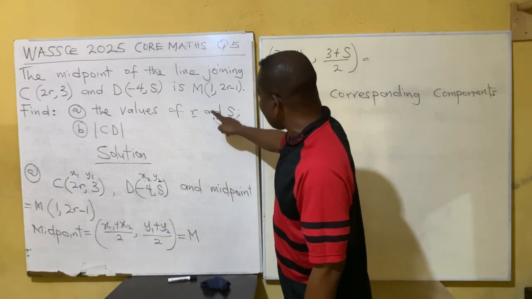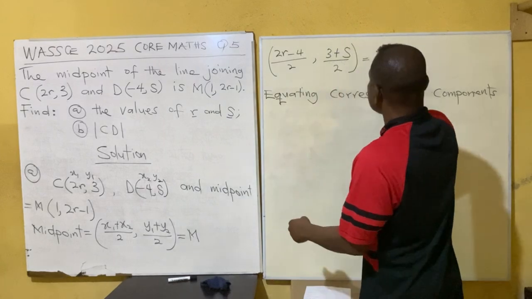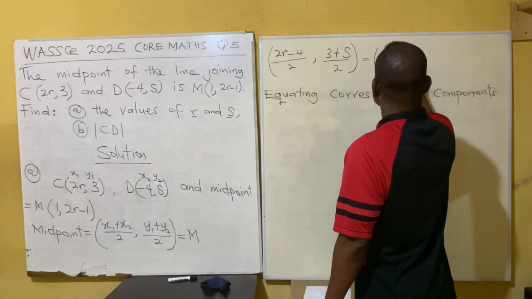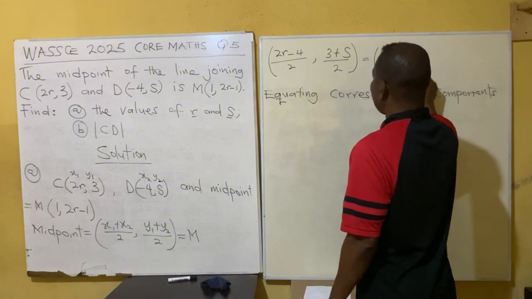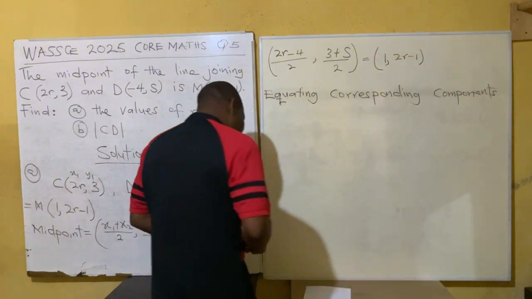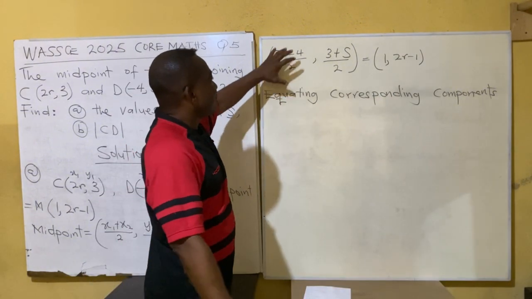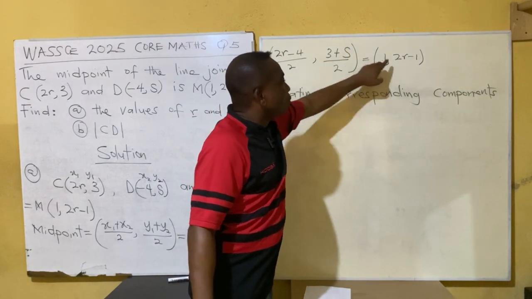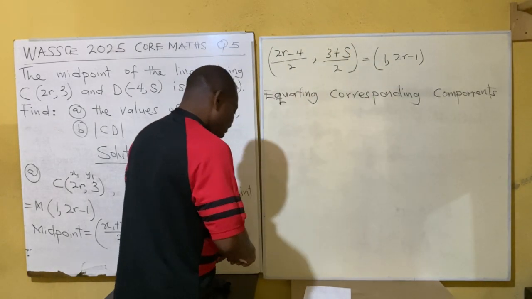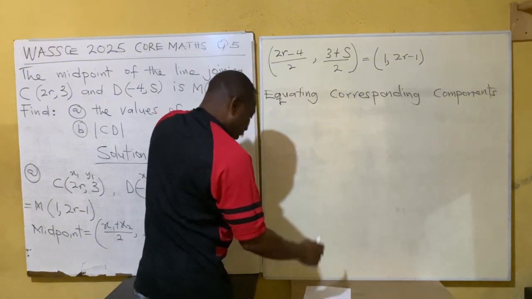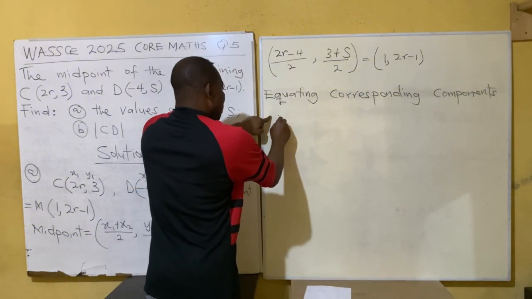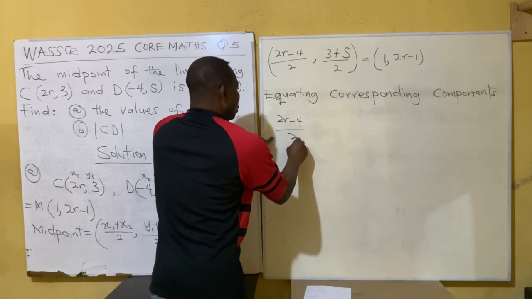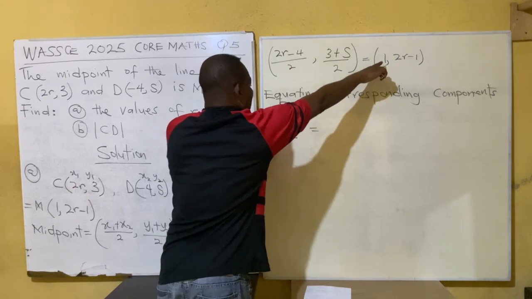The midpoint given in the question is (1, 2r - 1). So what do we do next? We pick the corresponding terms. The x corresponds to the x there, and the y corresponds to the y there. So in picking this, we have (2r - 4) over 2 being equal to the 1 here.